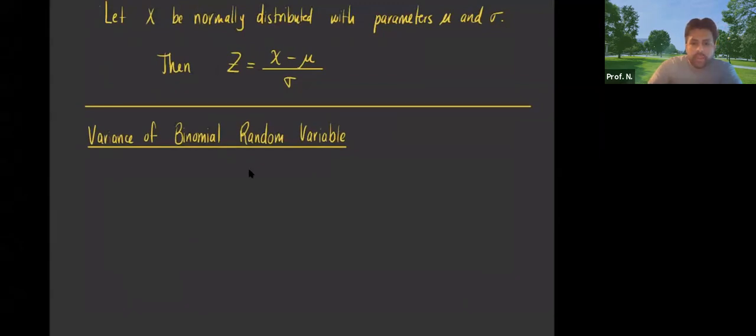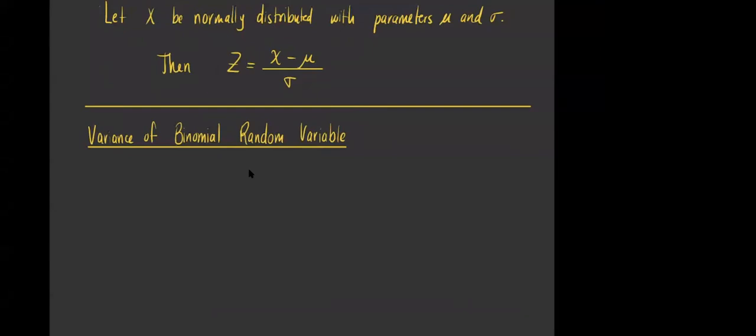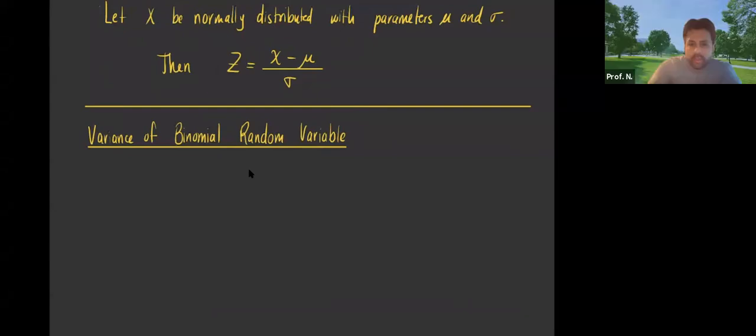And to talk about the variance, we have to think about the binomial random variable as a sum of Bernoulli trials. I'm pretty sure you remember Bernoulli, right?